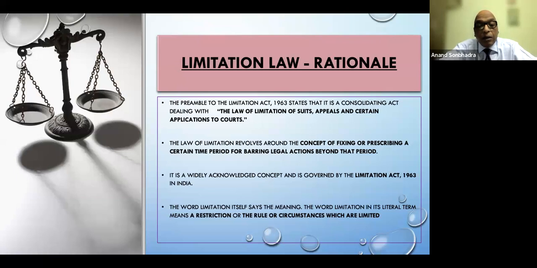And to begin with the limitation, if we look at the meaning of the term limitation itself in colloquial or general terms, it is a restriction or a rule, circumstances, etc., which is prescribed, which draws a restriction or time period boundation.